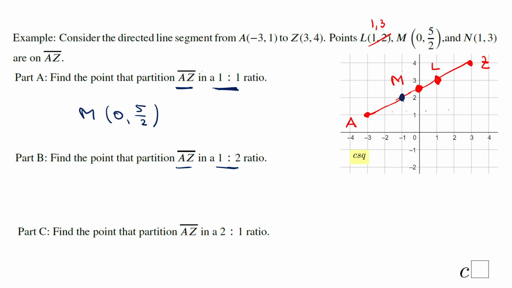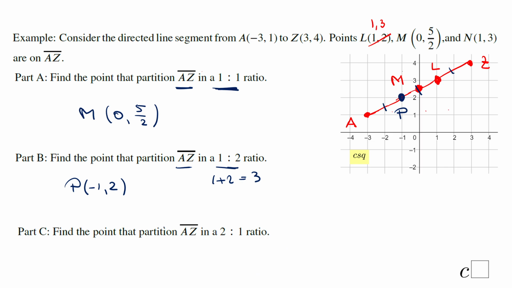This is the point. 1, 2, 3 segments, right? 1 plus 2 is 3. Okay, so let's call this one point P, which is -1 and 2. Okay, this was not given to us, but now we have it.